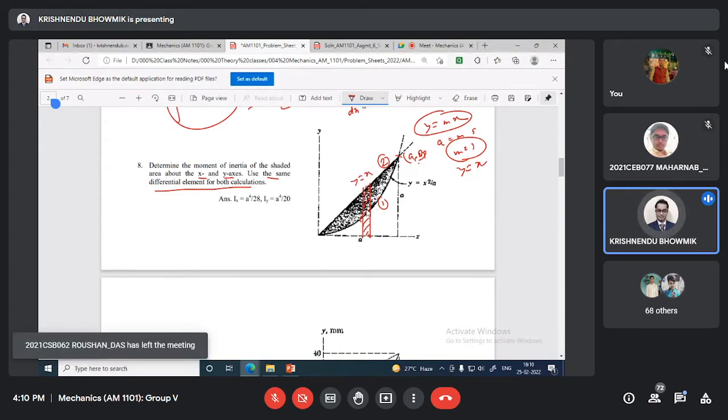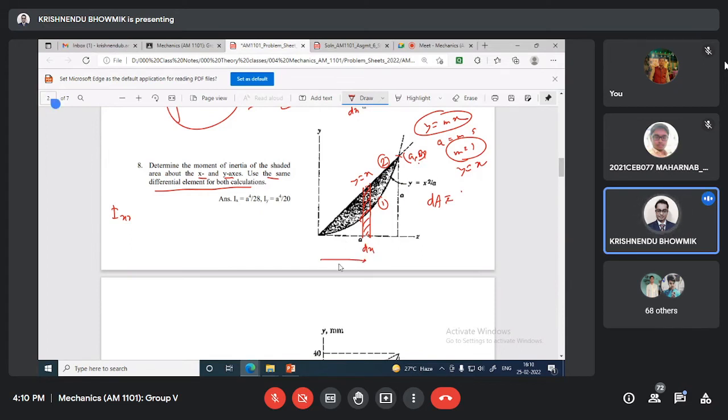Now for this vertical strip, for Ixx, what is dA? This is dx, this is x, this is y, so dA will be y multiplied by dx.